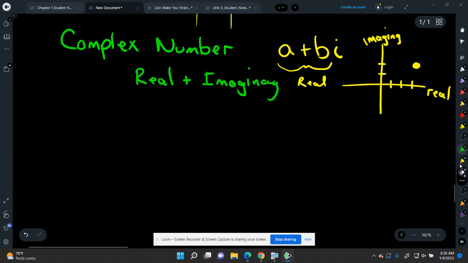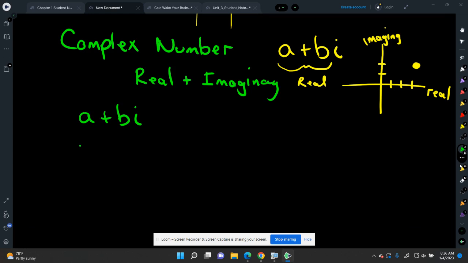Okay, so we know a complex number is a plus bi. So something like 2 plus 3i, that's a complex number. Now, complex numbers can be added, subtracted, multiplied, and divided, right? They work the same as if it was an x.